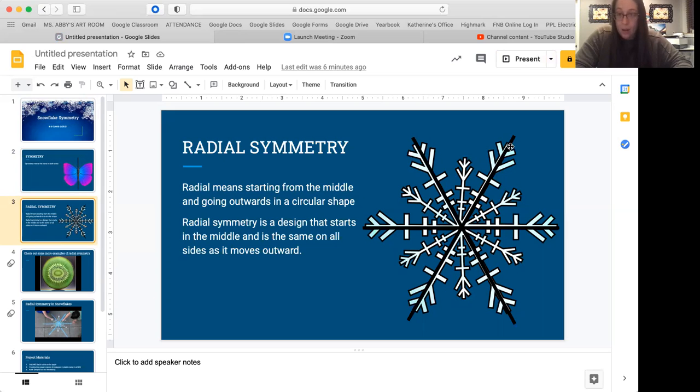If we imagine that this paper was folded, each little triangle part, if you can follow my cursor, is the same for each triangle that's here. The shapes and patterns inside this triangle are the same the whole way around the circle, so it has radial symmetry. Those are good vocabulary words that we're going to practice with today's project.